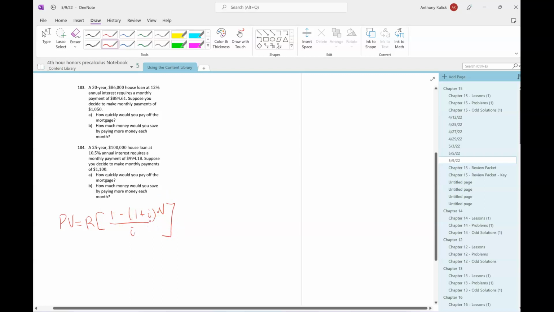This, right? And that home loan is for $100,000. And the R we want is 1100. And the I, I'm going to write the I in this time.